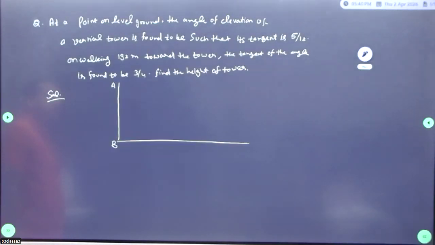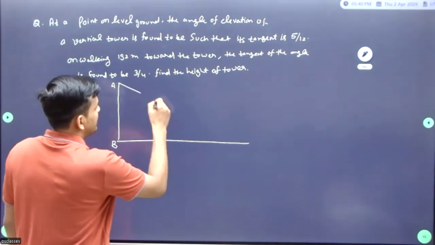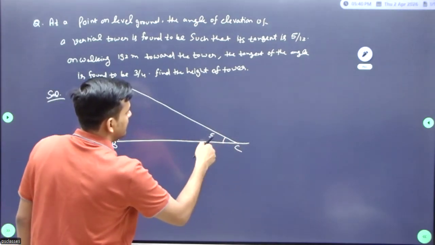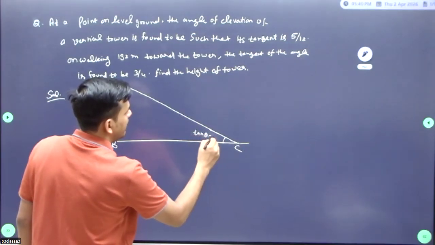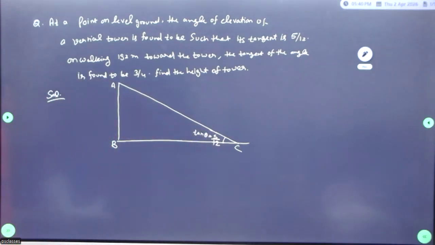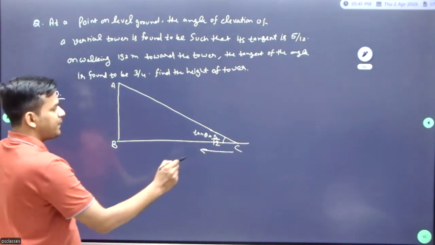And the tangent from a point C is 5/12. So this tan theta is 5/12 for this angle. And now we are walking toward the tower, means walking from C to B.